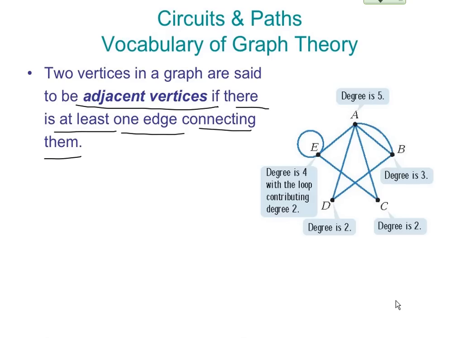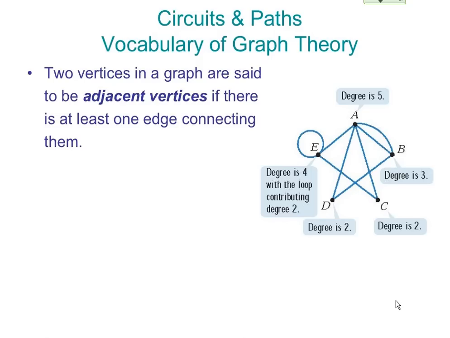Let's take a look at the graph. Look at point or vertex D. It has degree 2 because I have this edge coming into it and I have this edge coming into it. B has degree 3 because I have this edge, and this one.